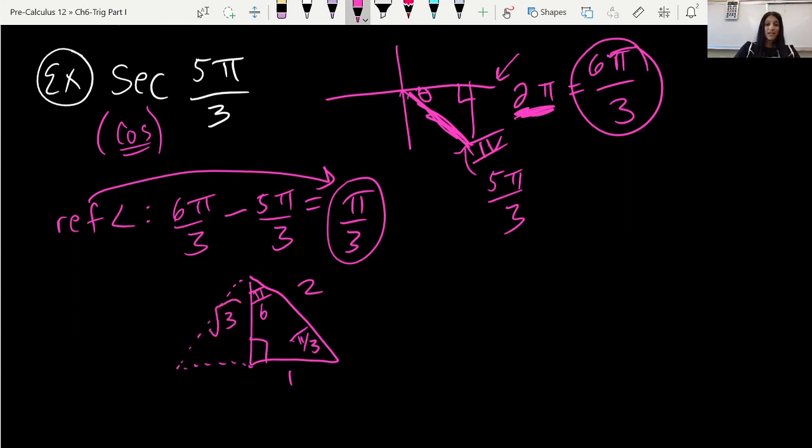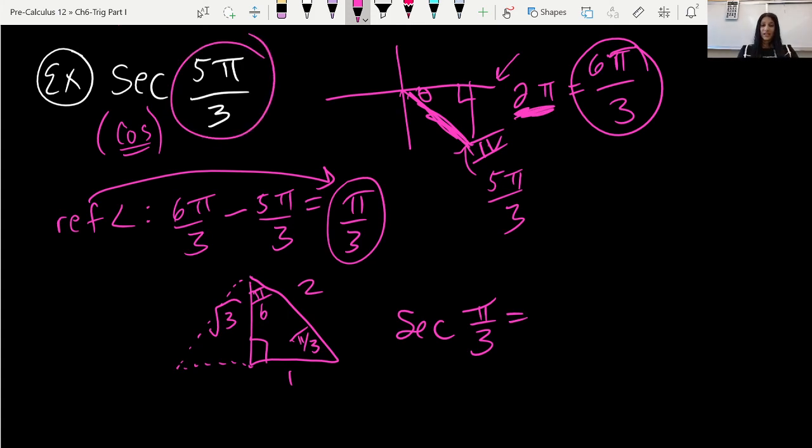So from this, I want to know what secant of pi over 3 is, because that's coterminal to this 5 pi over 3. Well, cosine is adjacent over hypotenuse, so secant is going to be like saying hypotenuse over adjacent. So if I go to this pi over 3, the hypotenuse, no matter what, is 2, but adjacent to this pi over 3 is this 1 down here.